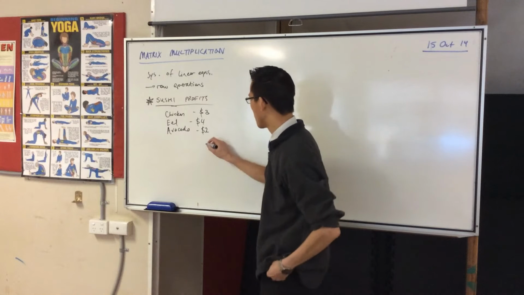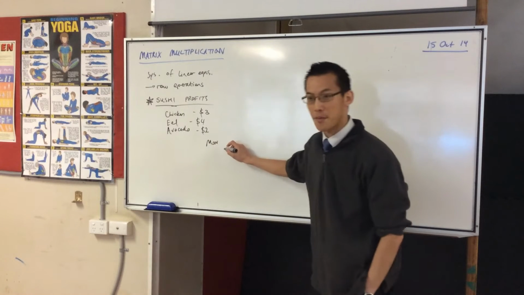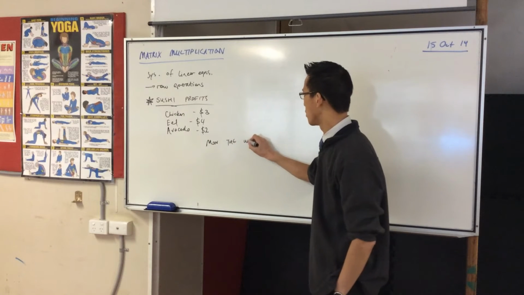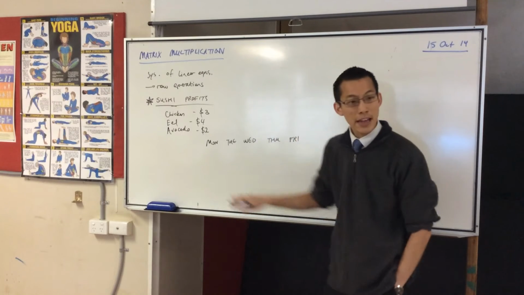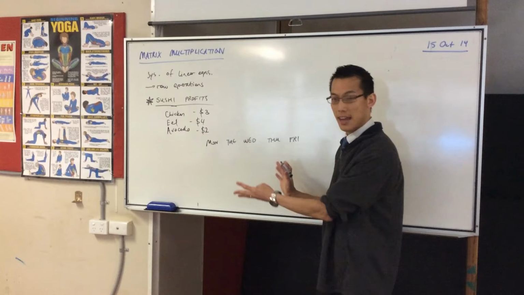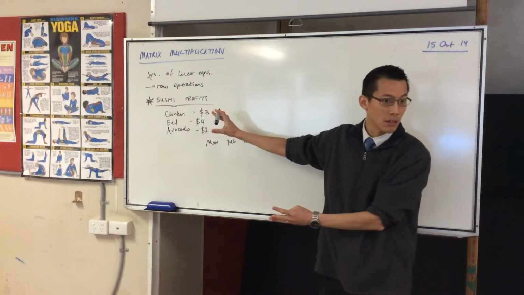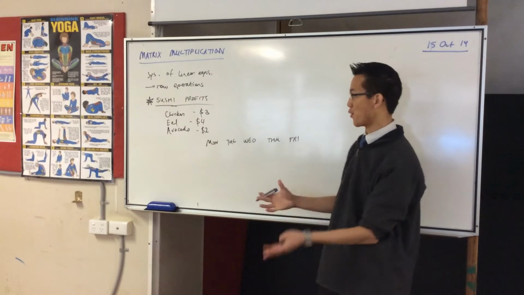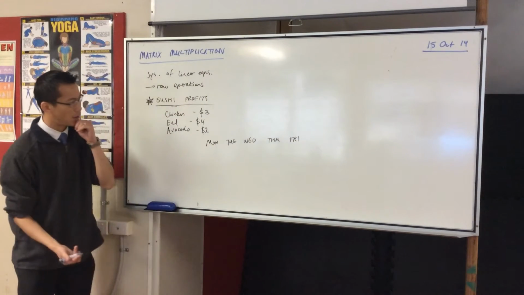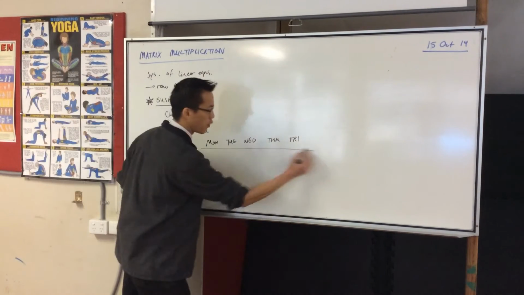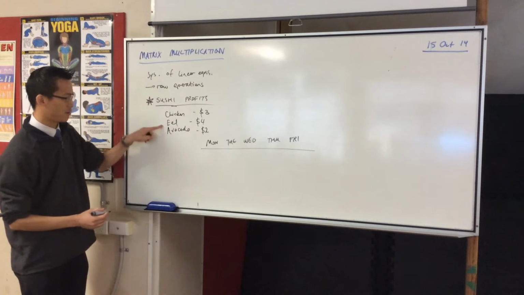So if I had for myself some Monday information, Tuesday, Wednesday, and so on. If I knew how much I sold each day of each of the kinds of sushi, then I could work out what my total sales and then what my profit's going to be. So I need to know not just for each day, but the individual ones.